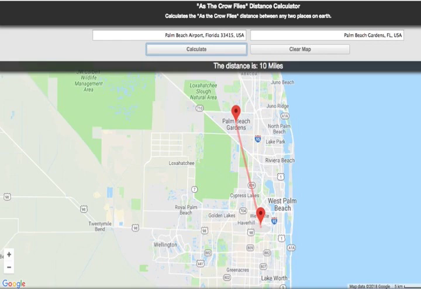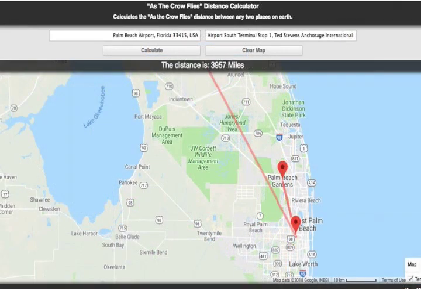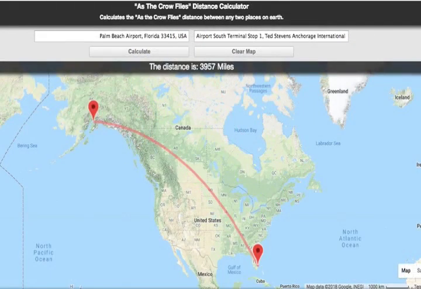And, yeah, by car. Okay, so now I'm going to measure from that Palm Beach, Florida airport over to the airport in Anchorage, Alaska, right? And if you'll notice, that's 3,957 miles, almost as far as halfway through the Earth, right?